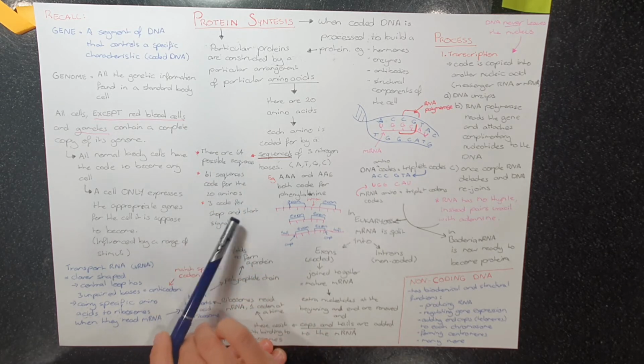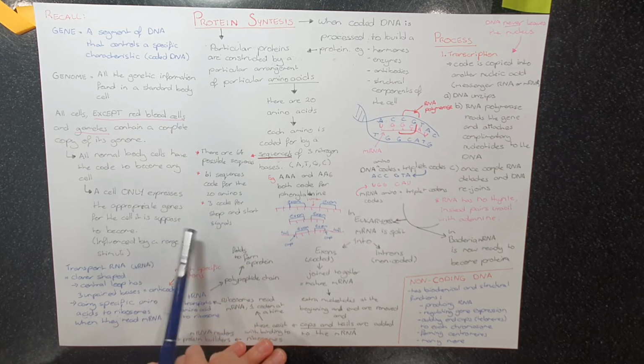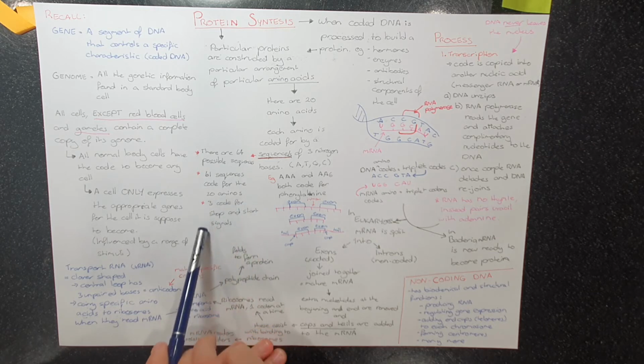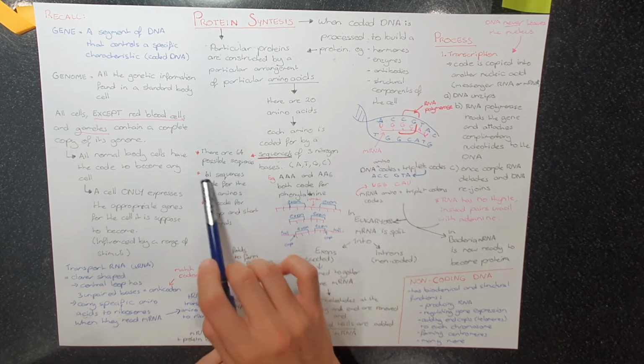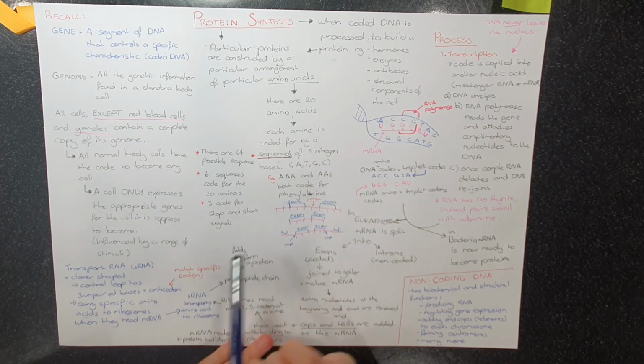I recently read a really nice example for it: they're kind of like the punctuation in the creation of a protein. So 61 sequences create 20 amino acids, with some double ups.